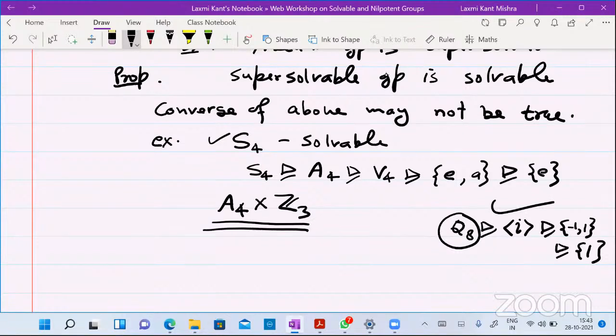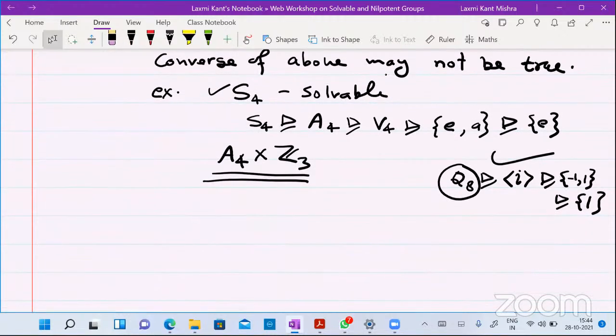This one I'm taking. I hope this is solvable. Yes, being a direct product of two solvable groups, it is solvable, but it is not super solvable.